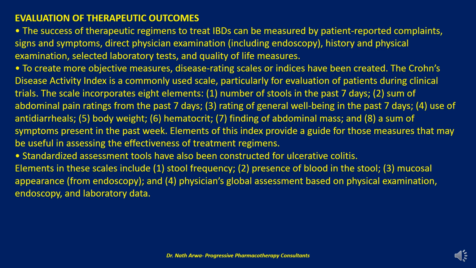Hematocrit. 7. Finding of abdominal mass. And 8. A sum of symptoms present in the past week. Elements of this index provide a guide for those measures that may be useful in assessing the effectiveness of treatment regimens. 3. Standardized assessment tools have also been constructed for ulcerative colitis.